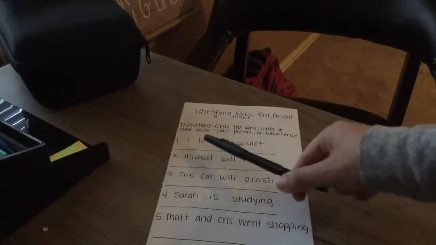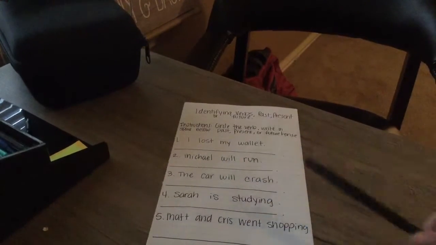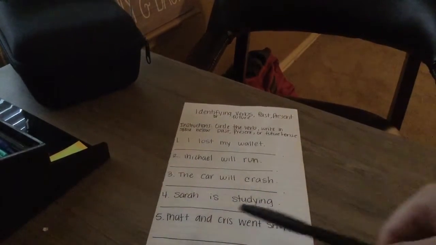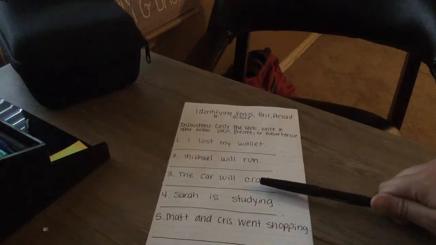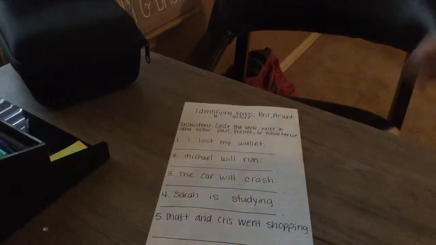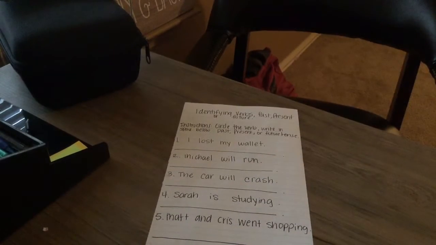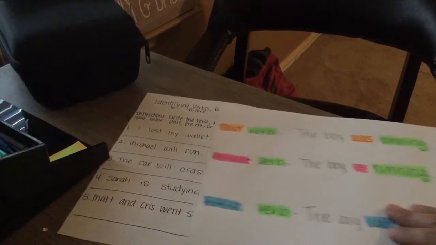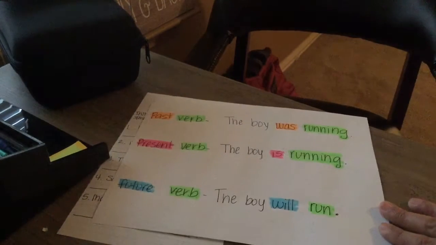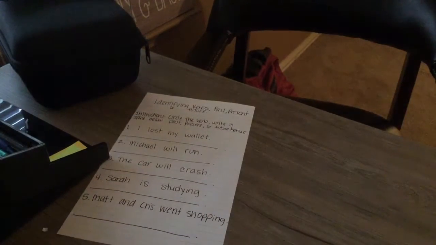So you will read each one of these sentences and circle the verb in each of these sentences and place in the space provided below whether it's past, present, or future tense. Okay? Just like the example I gave you before. And now that we're experts, this will be a breeze.